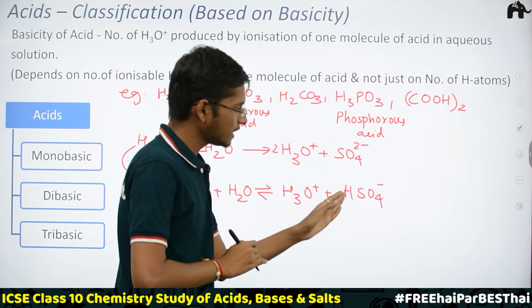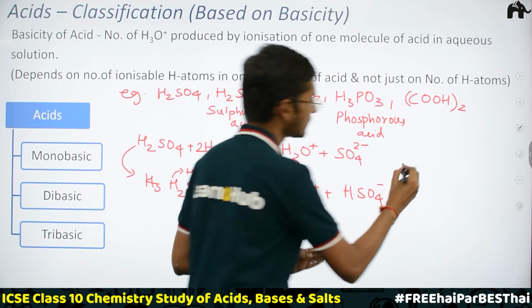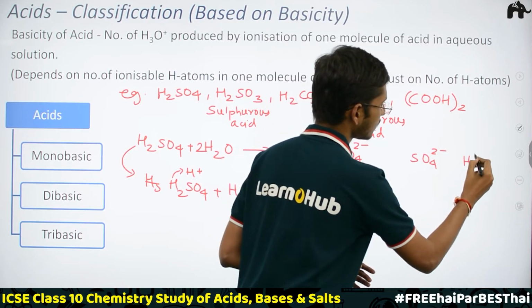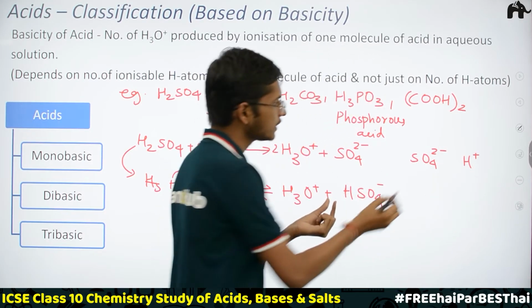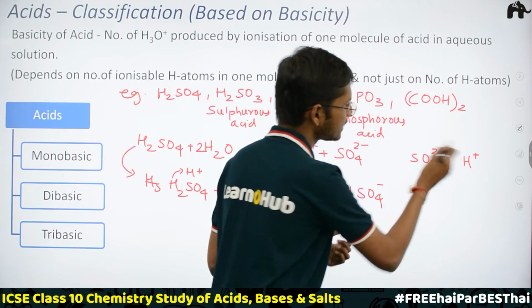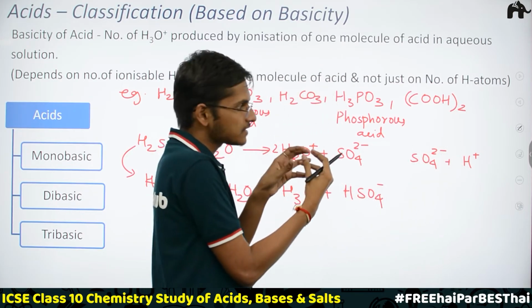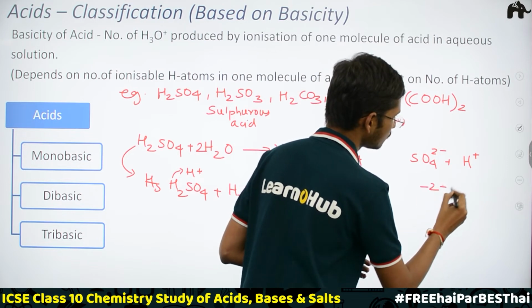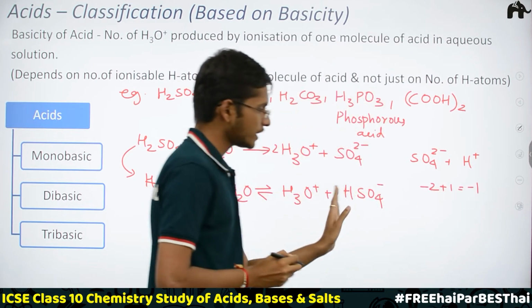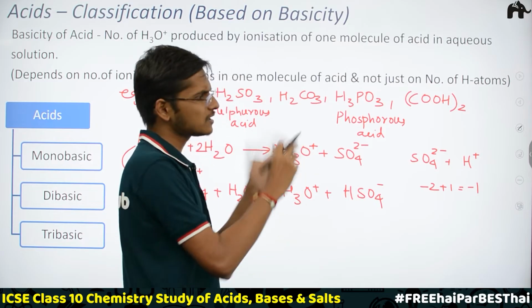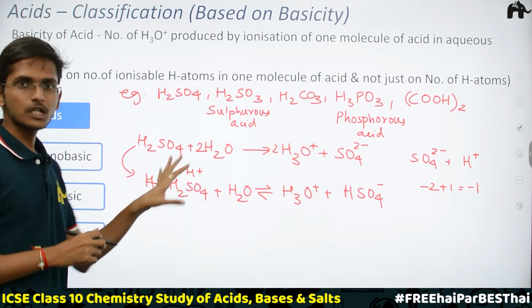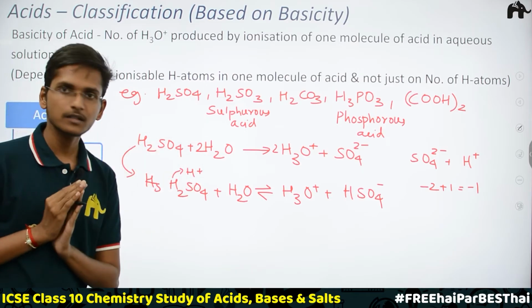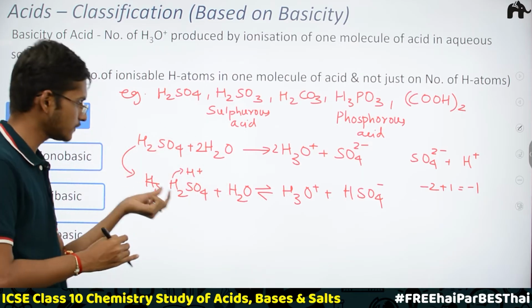Along with 1 H plus, the positive and negative charges get balanced: minus 2 plus 1 is minus 1. So HSO4 has minus 1. This is a simple trick to find the charge of that polyatomic anion. So this is the first step of ionization of H2SO4.